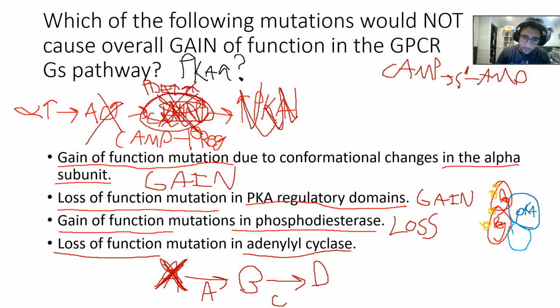Either a problem with C can cause a buildup of B, or an excess of A can cause a buildup of B. Conversely, an excess of C can cause a lack of B, right? An excess of C that pushes this too much in this direction causes a lack of B, and a lack of A can also cause a lack of B. All right?